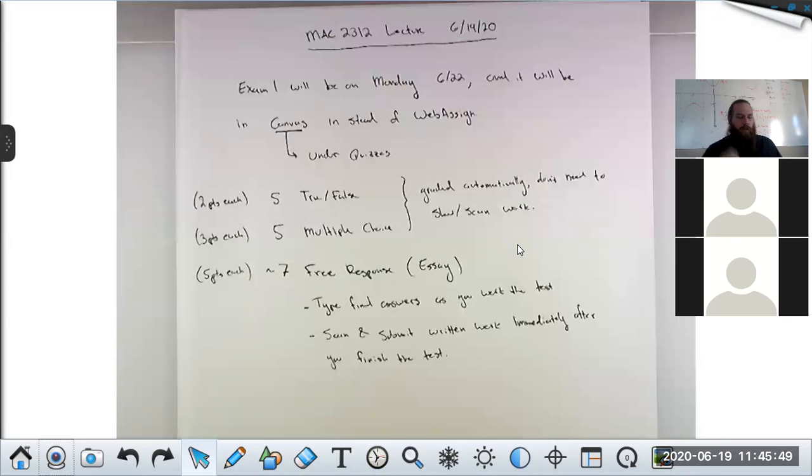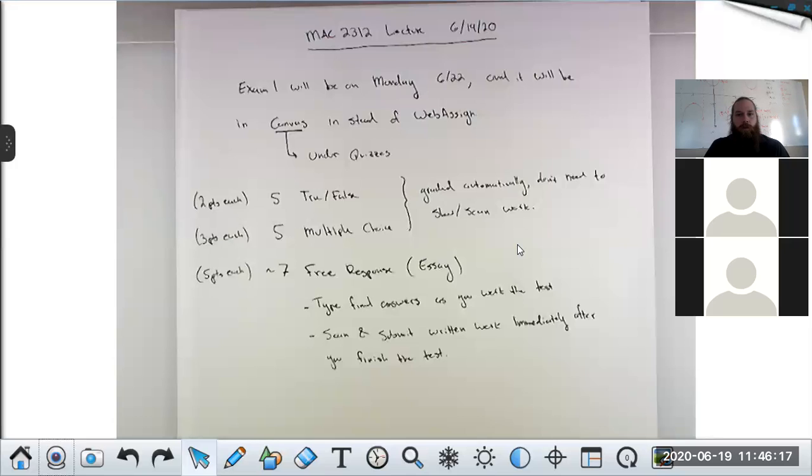Thomas asks, how will the true-false questions look? Usually, the true-false stuff is like, I'll give you a statement and ask you whether it is true or not. So I would say, true or false: if you make this substitution in this integral, the result is this. Or true or false: the integral of 1 over x squared plus 1 is the natural log of x squared plus 1, that sort of thing.